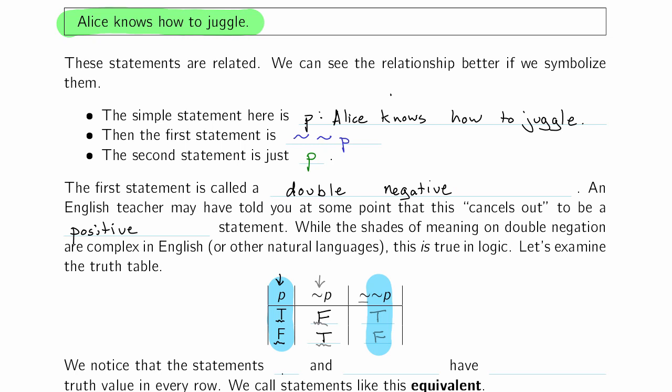We notice that the statements P and not not P have the same truth value in every row of the truth table. When we have statements like that, that have the same truth value in every row of the truth table, we call those equivalent.